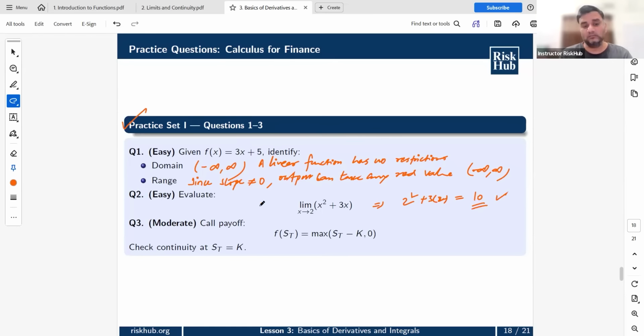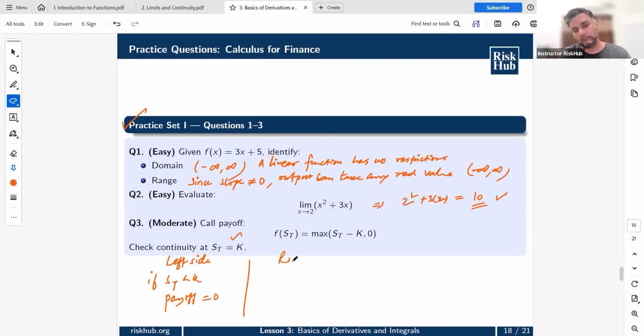Call payoff, check continuity at ST equal to K. I think we have seen it multiple times. If you take the left side, ST less than K, the payoff is 0.